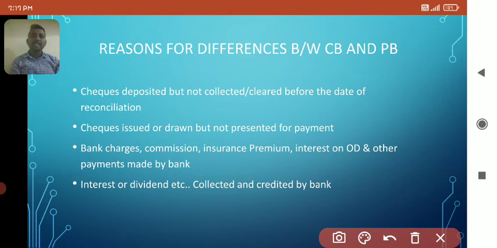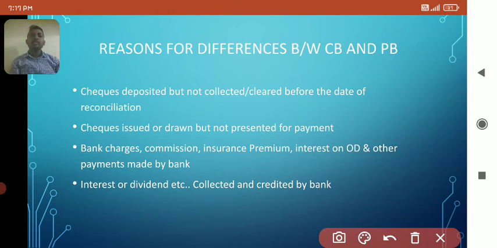And point number 3: bank charges, commission, insurance premium, interest on OD, and other payments made by the bank as per the standing instructions of a customer.